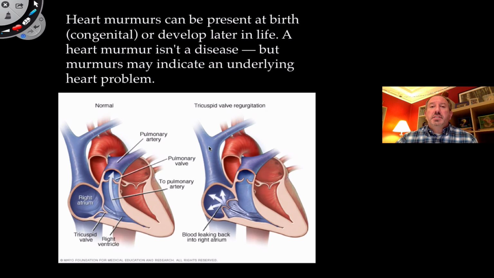It isn't a disease per se, but it could indicate that there could be a heart problem. I'm not a physician, but the most stressed valve is the mitral valve, and that's under a lot of pressure because when the ventricles contract, it's with a lot of force, and so sometimes these mitral valves develop some issue.